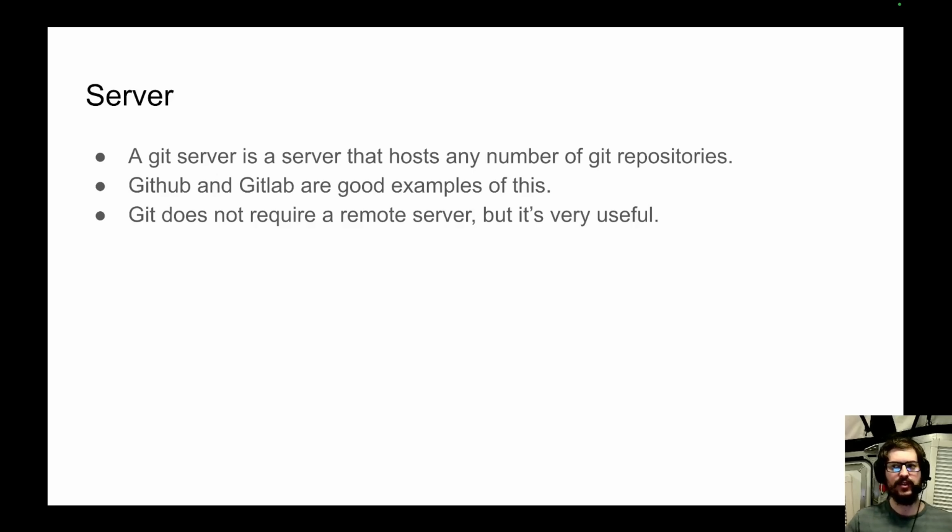Again, you're saving your work somewhere else in case your computer crashes, so you don't lose it. GitHub and GitLab are the most popular examples of Git servers, services that let you host repositories there and connect to them. You can run your own Git servers as well, and a lot of large companies will host their own servers too. Git does not require remote servers, but they're very useful.